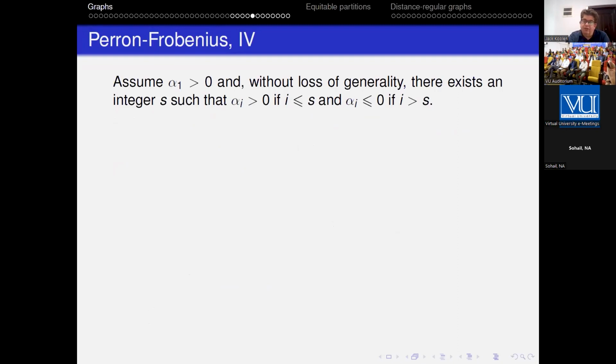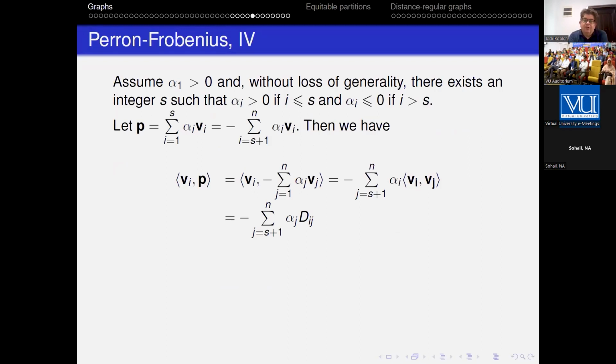And we want to prove that this s does not exist, or that we want to show that s is equal to n, the order of the matrix. So let p be alpha 1 times v1 plus alpha 2 times v2 plus alpha 3 times v3 up to alpha s times vs, and that is equal to minus the sum of the other ones.